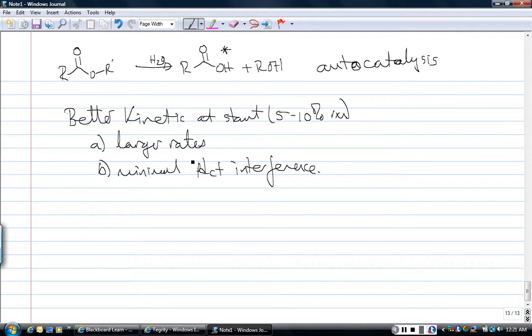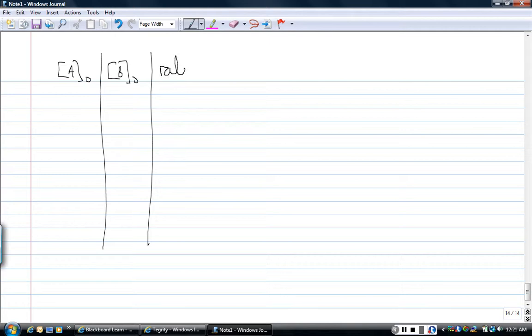Okay, so let's get back to that table we had, and I'm going to get a new page. So we had the concentration of A, subscript 0, that means initial concentration. Concentration of B, subscript 0. And then we had rate, and we had relative rate. I'm going to go straight to relative rate, because we talked about how we get rates already.